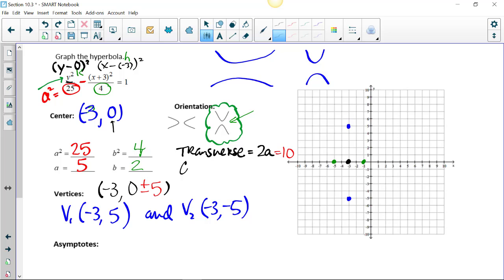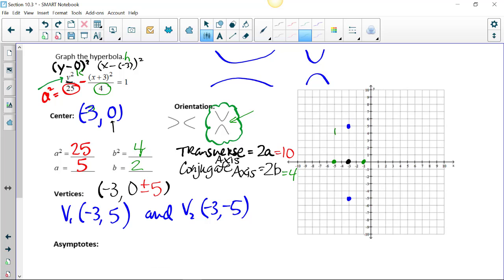The other axis is called the conjugate axis, which does not really help us with anything. We don't have anything actually on the graph. It just helps us draw our rectangle. But the conjugate axis is 2 times b, and b is 2, so our conjugate axis has a length of 4. So I will be drawing a rectangle that is 4 wide and 10 high.